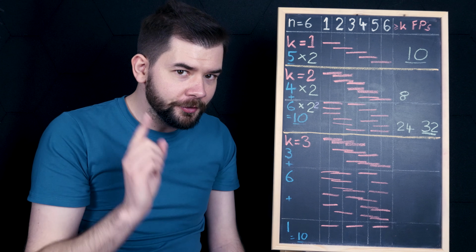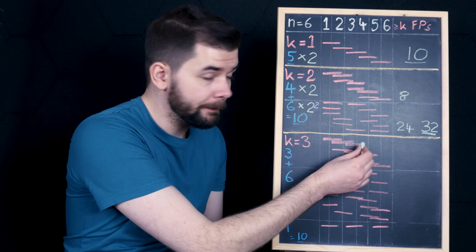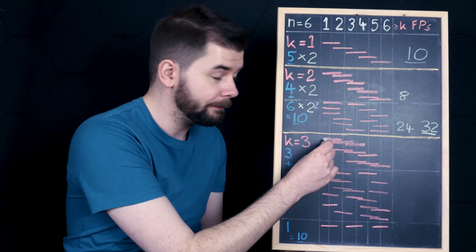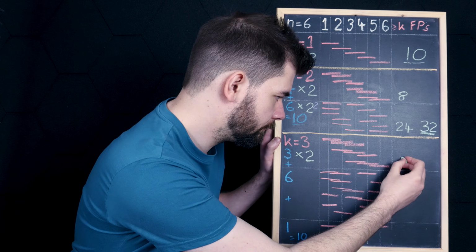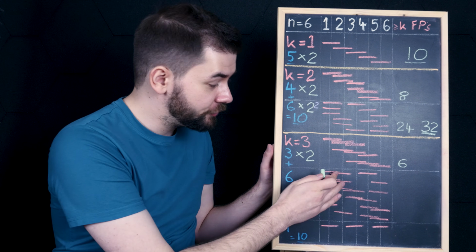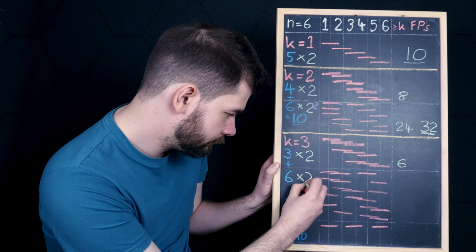What do you think we're going to do when we have 3 parts? Well, let's do it. All of these appear in one part, so it can either be ordered or reversed. So each of these possibilities has 2 options. Each of these are formed of 2 parts, each of which can be ordered or reversed, so we need to times by 2 squared.